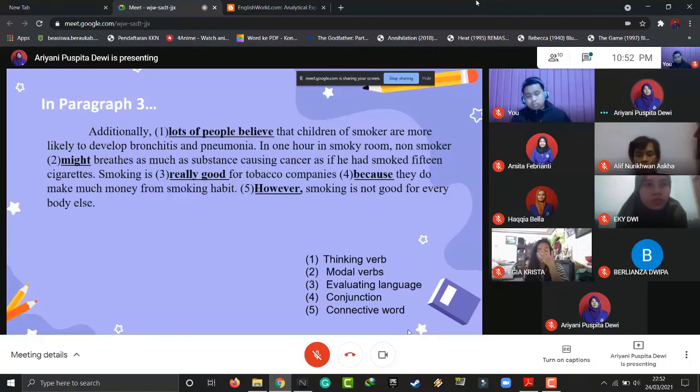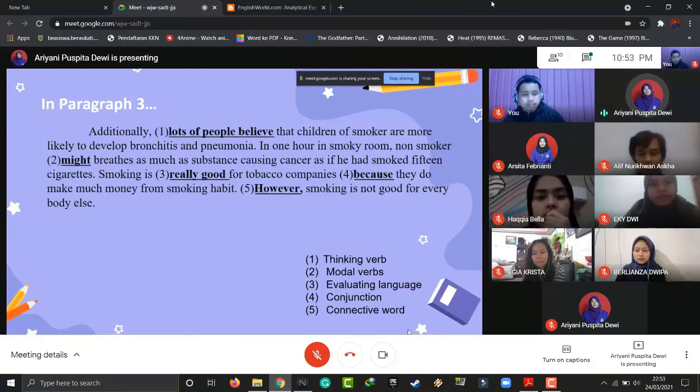And then number 2, yes, is modal verb. And then number 3, evaluating language, yes. The writer states that smoking is really good. We know that this sentence contrasts with the writer's opinion.